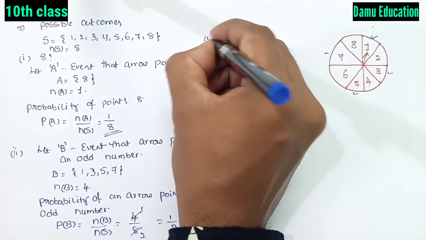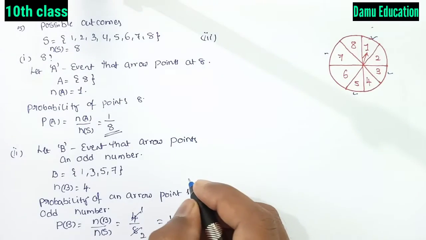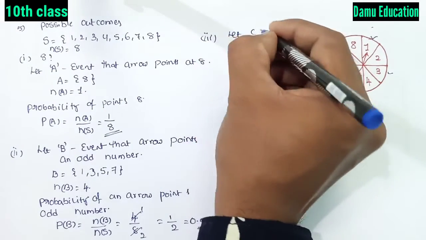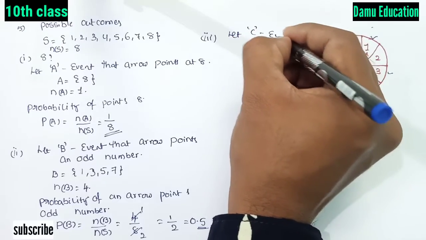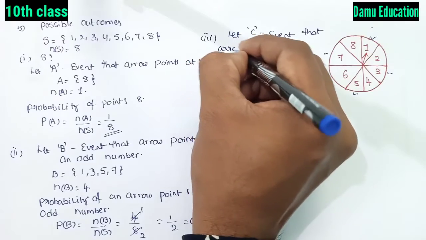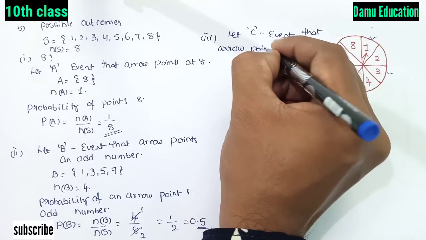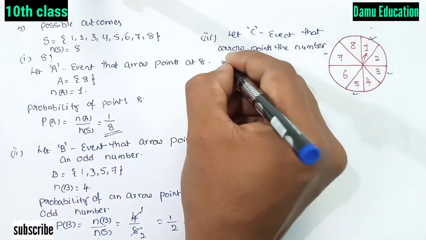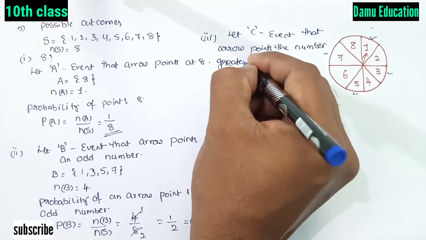Then what is our third one? The third one is a number greater than 2. Let C be the event that the arrow points at a number greater than 2.